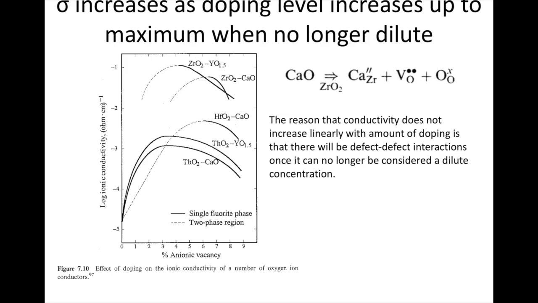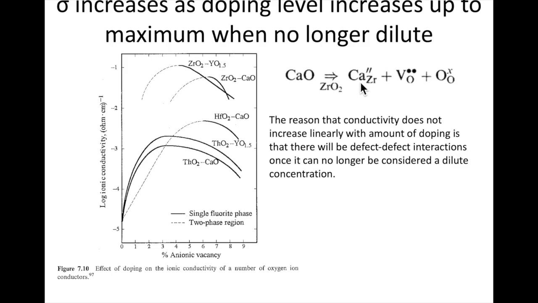So for example, if we dope in calcium oxide to the opposite. If we dope in zirconium oxide, ZrO2, into calcium oxide, this, I apologize, I've flipped it a couple times now. We are doping in the calcium oxide into the zirconium structure.